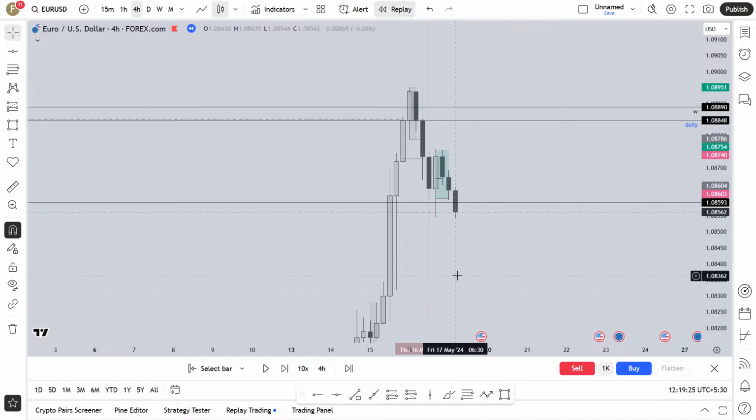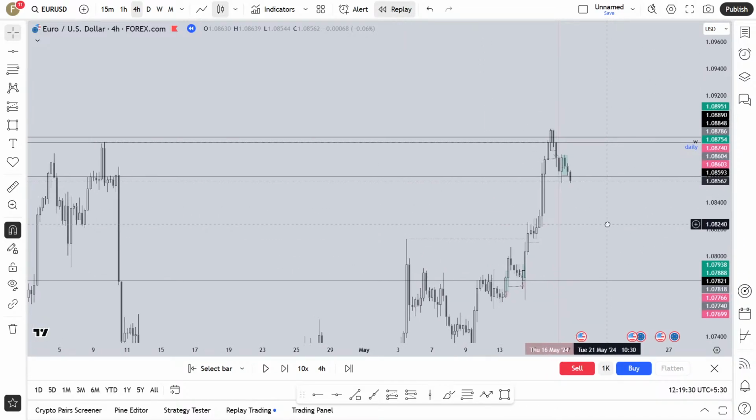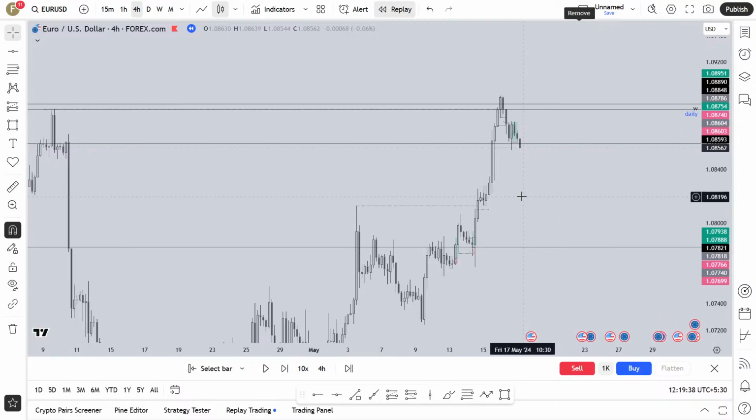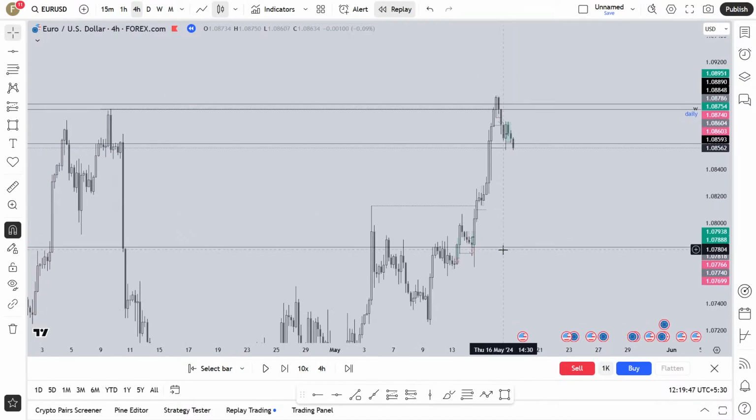What is the time here? 6:30. So now 4 hours in all points. Maybe this is a good point.